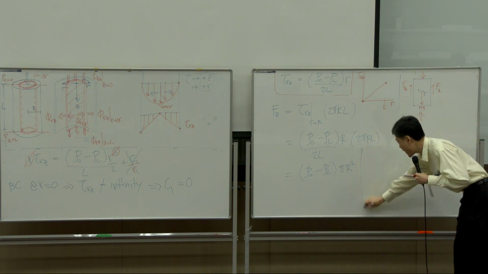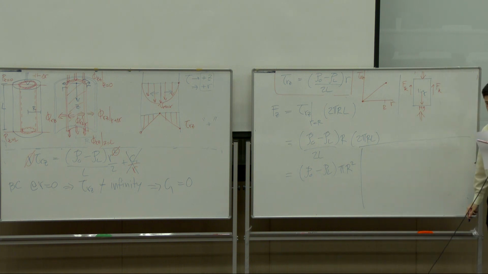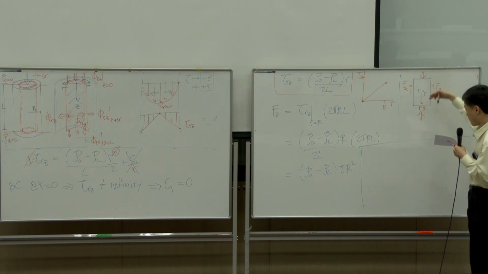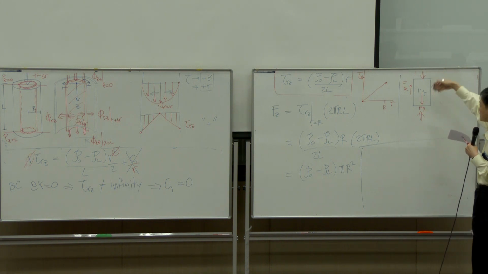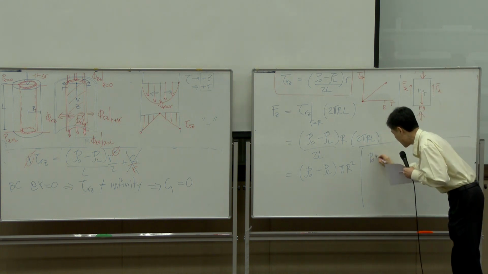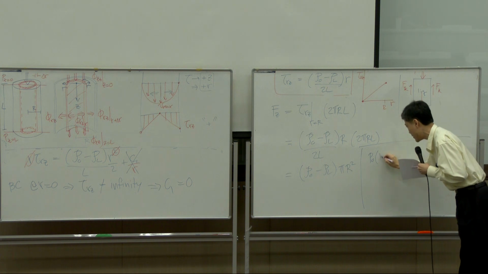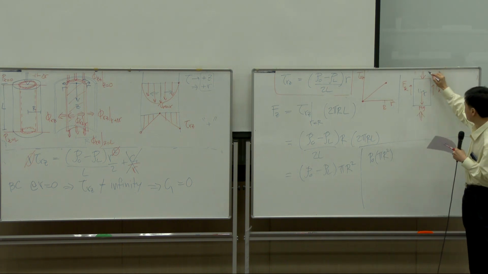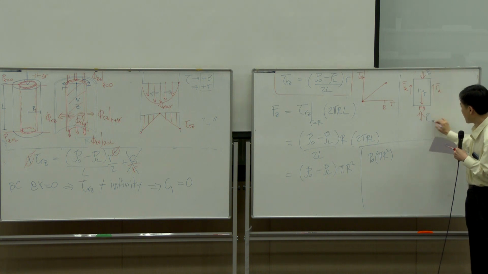So if you're trying to do the force balance, like what you did in mechanics, the force going down from pressure is P0 times cross-section area pi R squared. This is P0, this is PL.